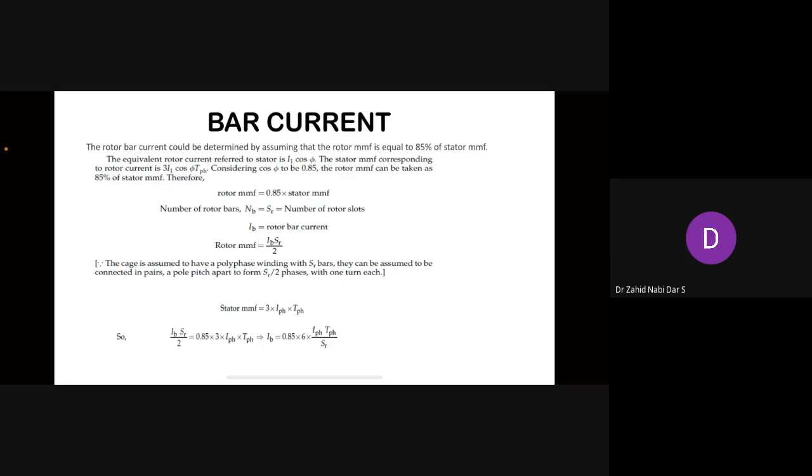We are using a squirrel cage induction motor. In a squirrel cage induction motor, we assume a polyphase winding with Sr bars, which can be assumed to be connected in phase. So the pole pitch will be Sr by two phases with one turn each.